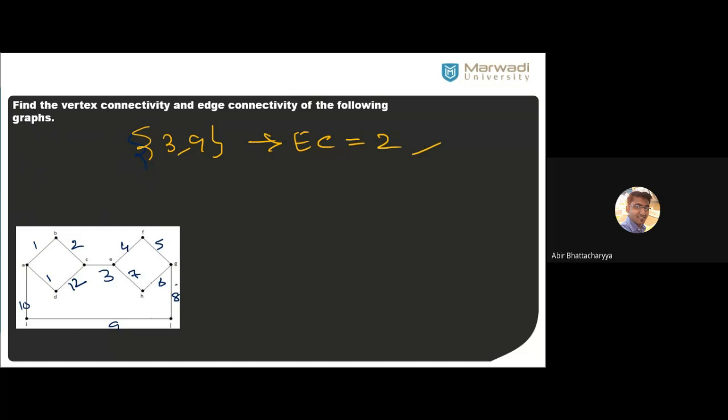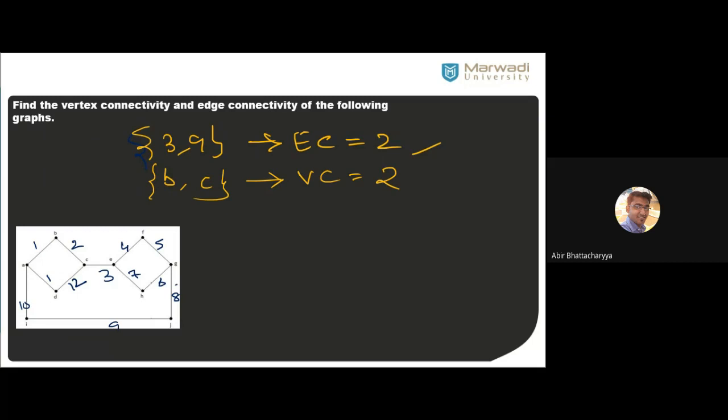So VC is also 2, right? VC is also 2. You can remove A and C. B and C possible?